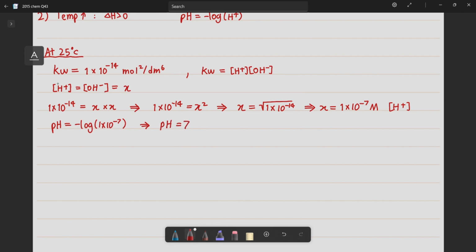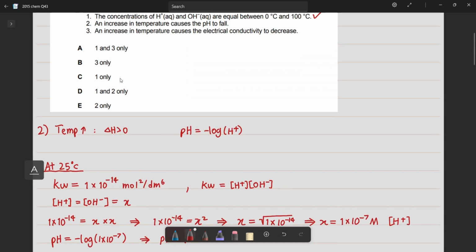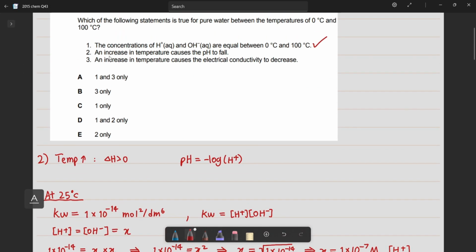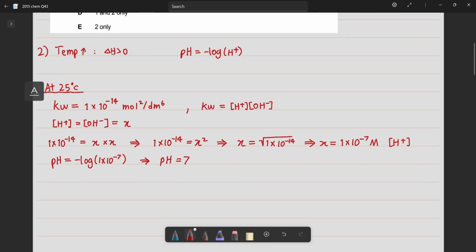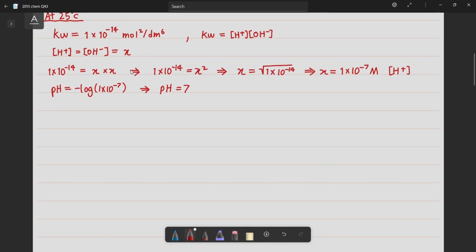Okay, so this is the case for a normal room temperature. As we know, the option here explicitly states there's an increase in temperature. So now imagine if we go above this temperature, at a temperature that's greater than 25 degrees Celsius.